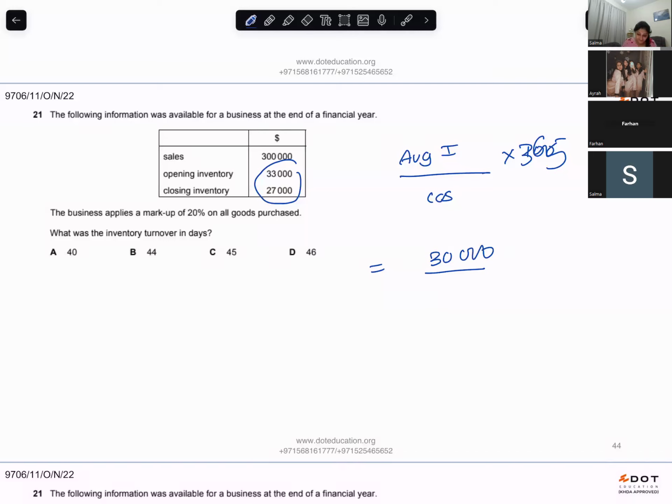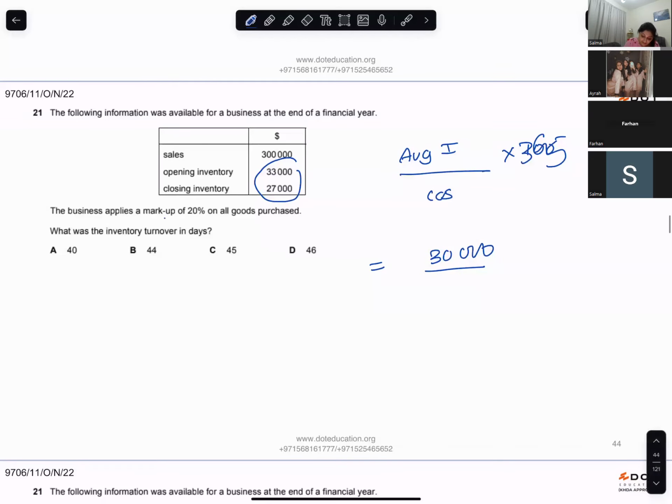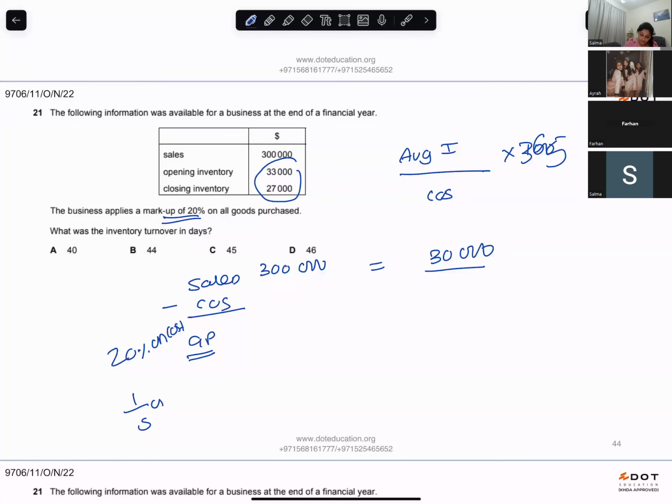But you can do this: sales is 300,000. Gross profit is 20% on costs, so it is one upon five on cost, which is 1/6 on selling price.